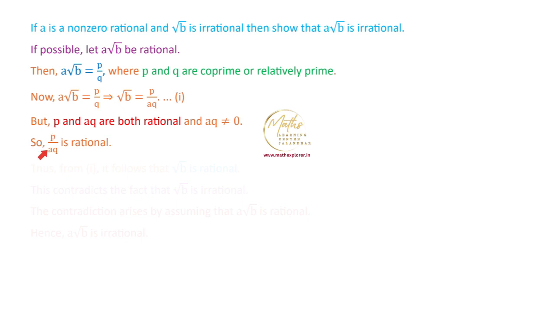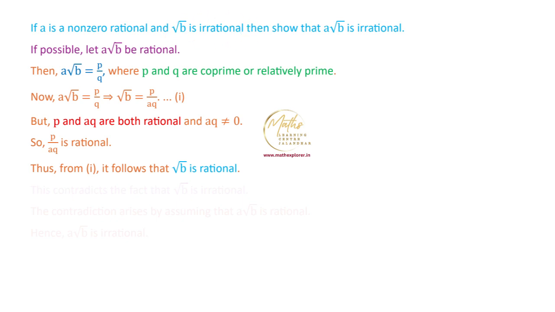Now p by aq is rational. Look at equation 1 over here: p by aq is a rational number, which means square root b is also rational. So in view of equation 1, we have that square root b is a rational number. But look at this problem over here. It was given that square root b is irrational.